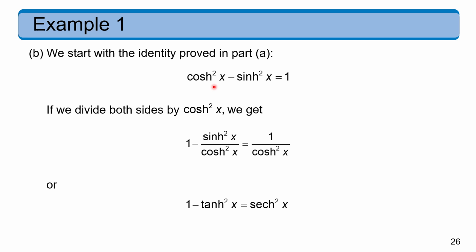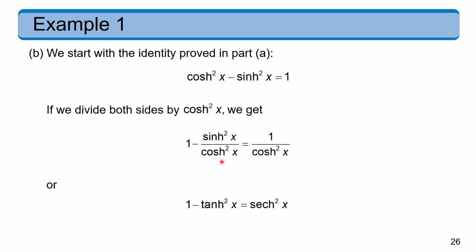So on the left, each term in this subtraction will be divided by hyperbolic cosine squared. And so the first term becomes 1, and then we have minus hyperbolic sine squared over hyperbolic cosine squared. And then on the right, this 1 also gets divided by hyperbolic cosine squared.